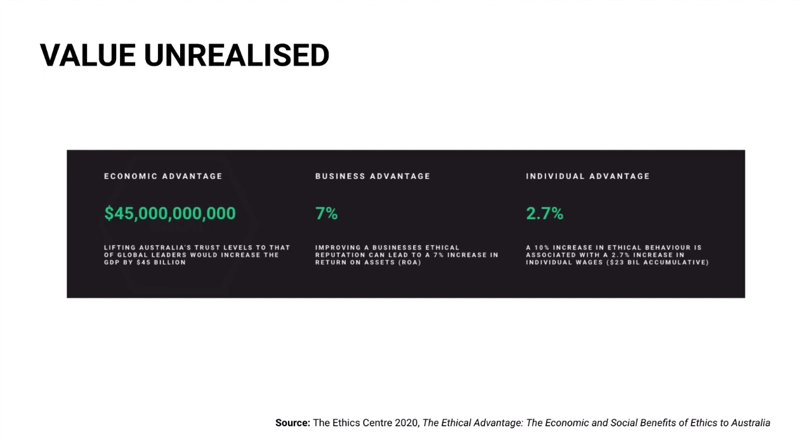In Australia alone, there may well be close to a $50 billion opportunity if we're able to better act on our ethical intent. So, the question is, what are we waiting for?